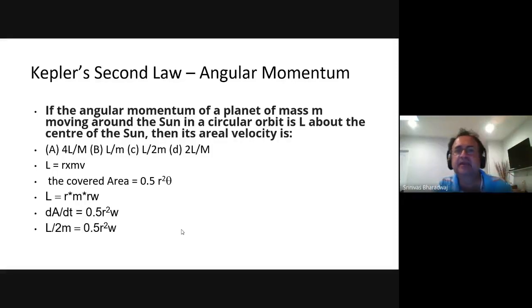When that happens, the force does not do work. We already discussed that. And also there is no real torque produced by that motion.